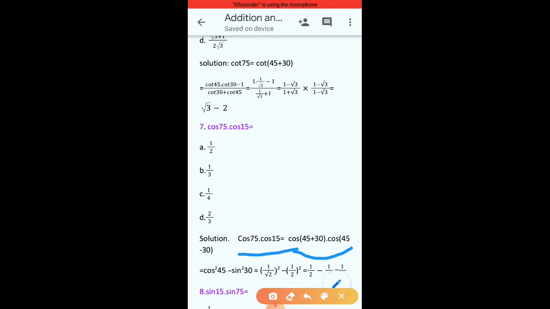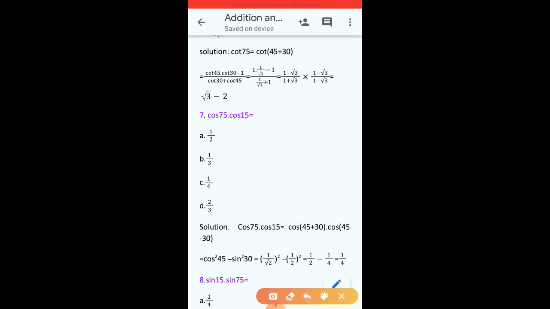We have the formula cos (A plus B) into cos (A minus B) is cos square A minus sin square B. So we can put the value of cos 45 and sin 30, then we will get (1 upon root 2) whole square minus (1 by 2) square, which is 1 by 2 minus 1 by 4, and finally we will get 1 upon 4. That means 1 by 4 is the correct answer, option number C.